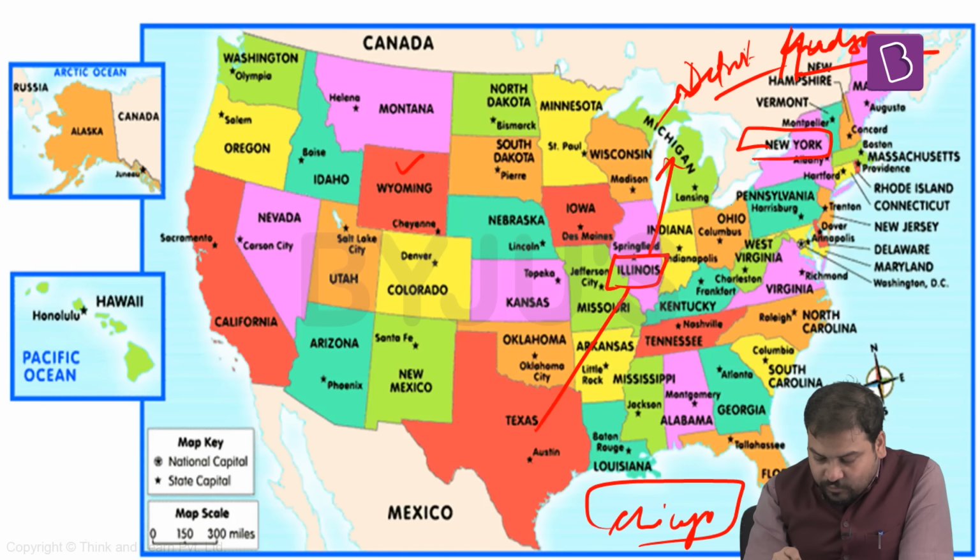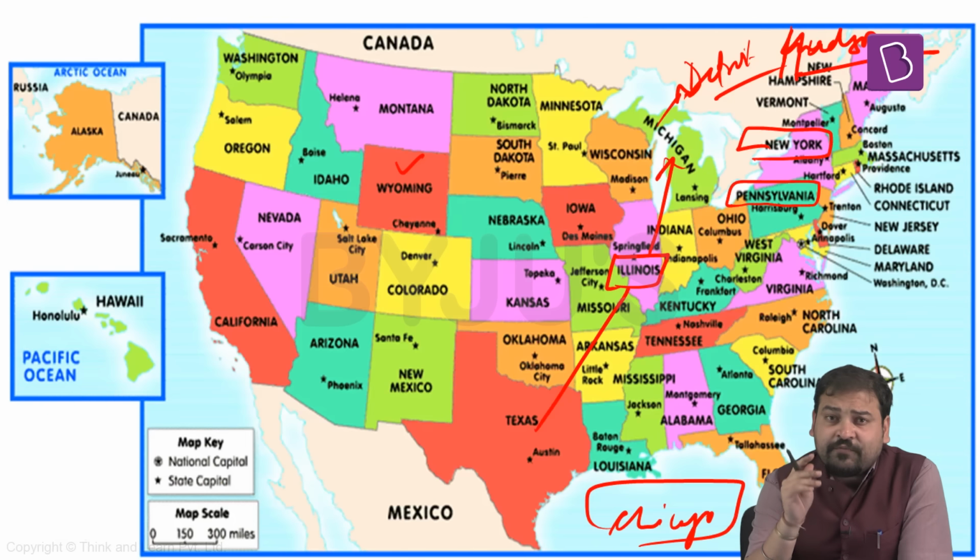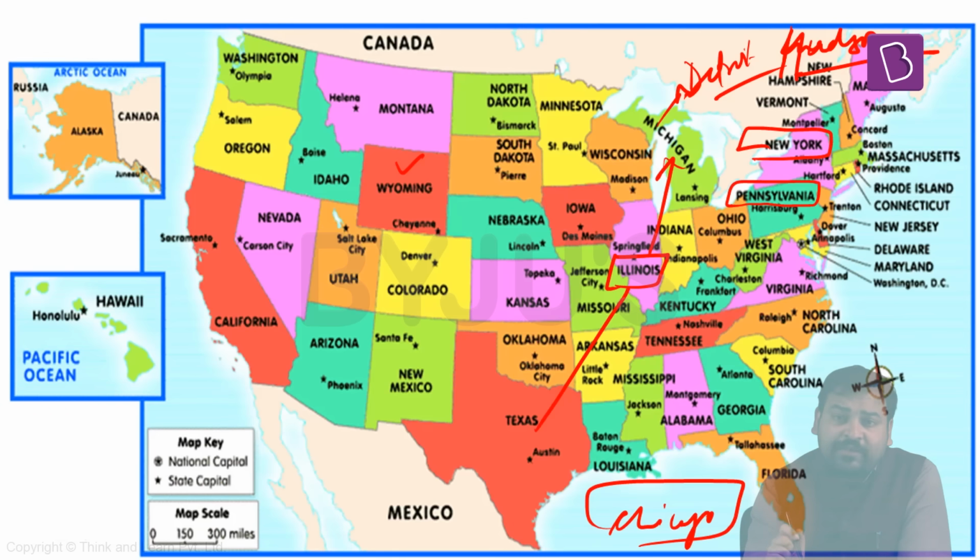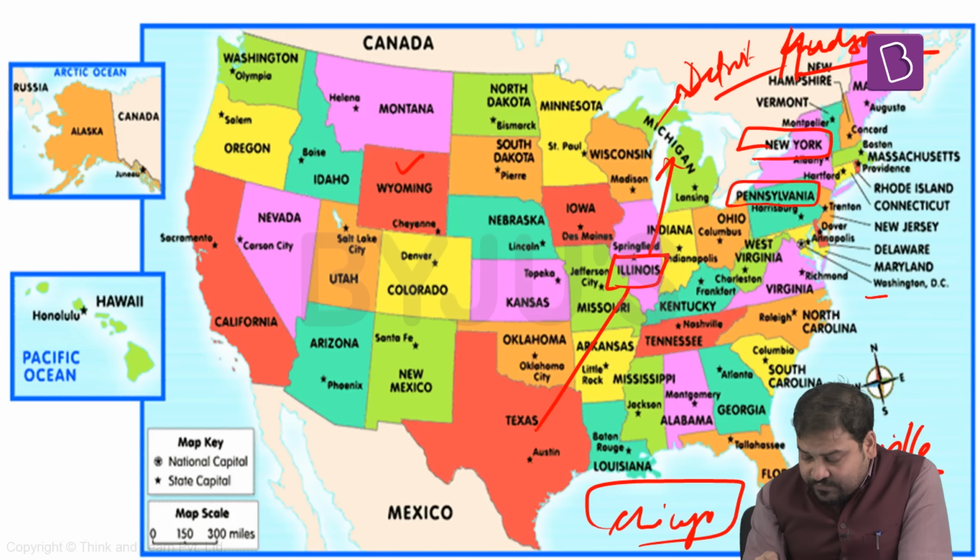Then in the south we have the state of Pennsylvania, very famous for the fact that the world's first drilling for oil was done in a place in Pennsylvania, known as Stittsville. Apart from this, you can see the capital of this country, Washington, D.C., on this side, towards the Atlantic.